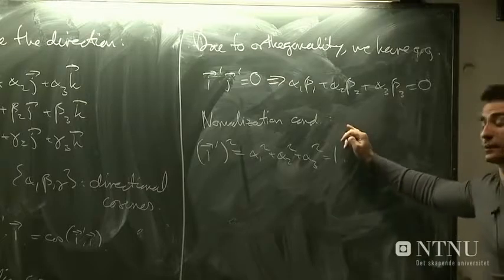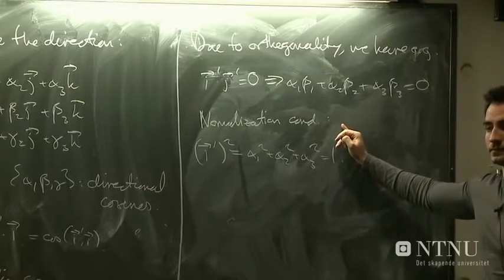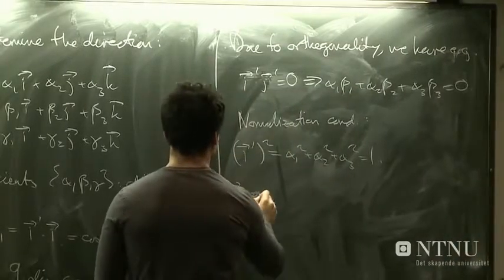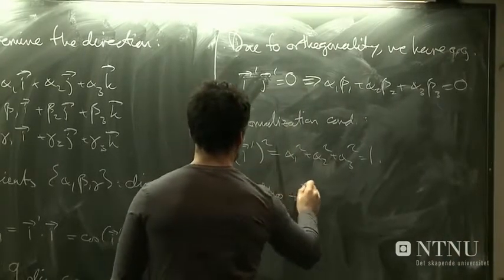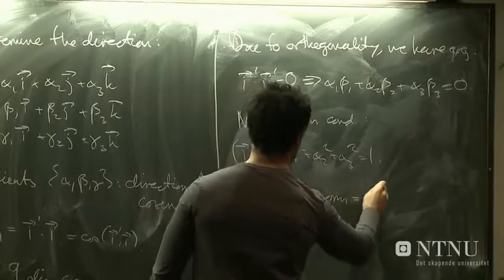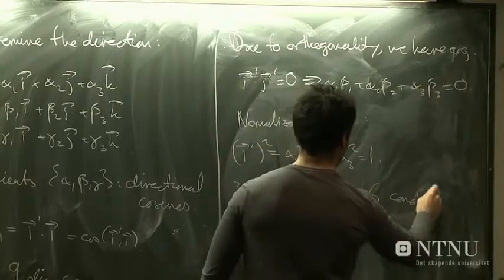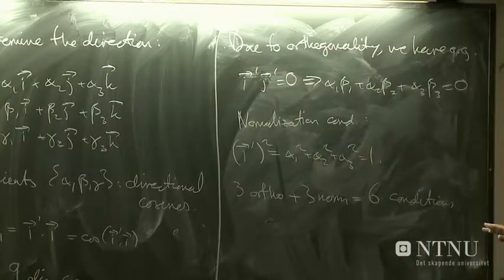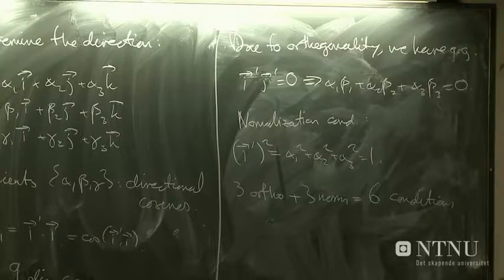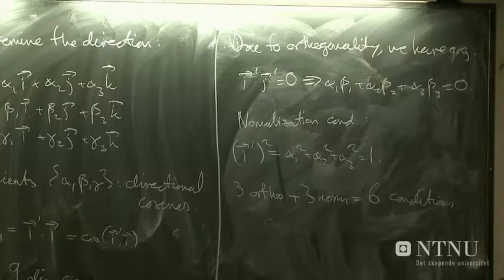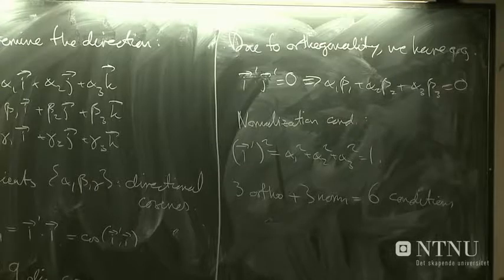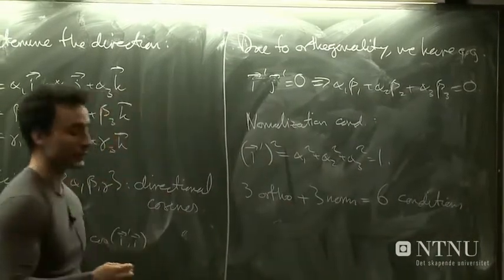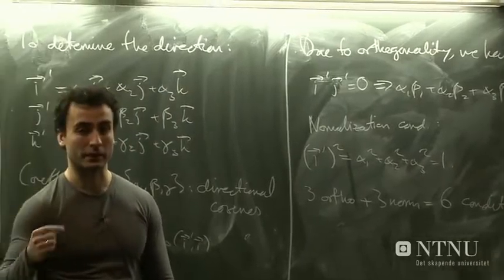So we also have 3 normalization conditions. So we have 6 of these conditions in total, 3 orthogonality conditions and 3 normalization conditions. And by then, we've achieved what we wanted, namely to reduce the 9 directional cosines to 3 degrees of freedom.